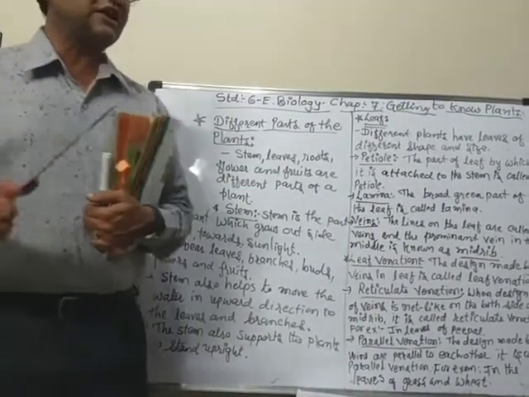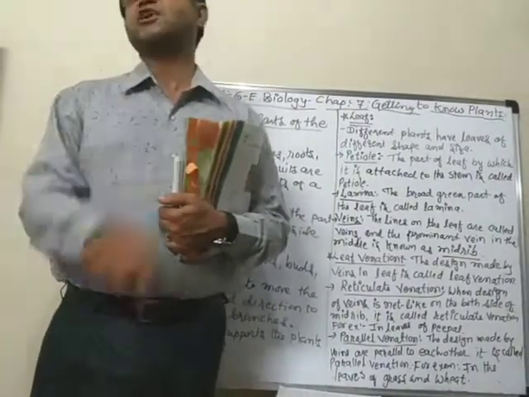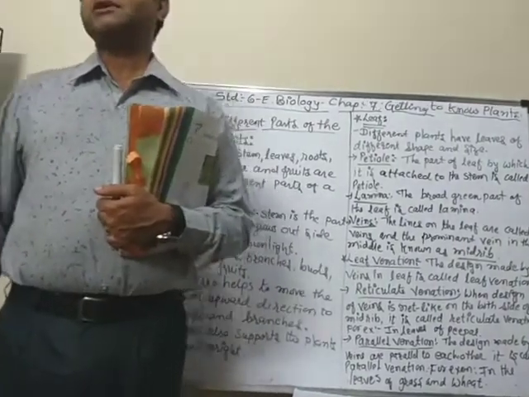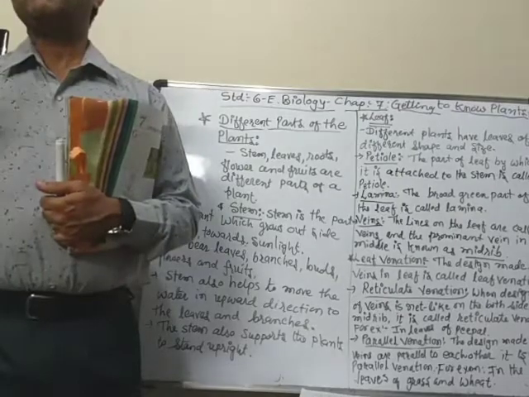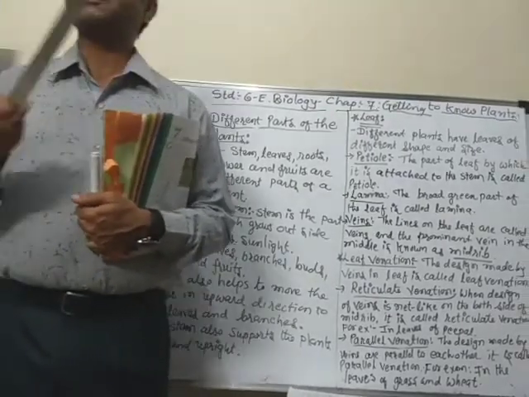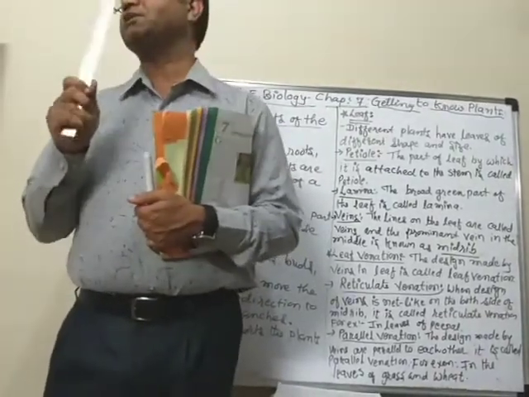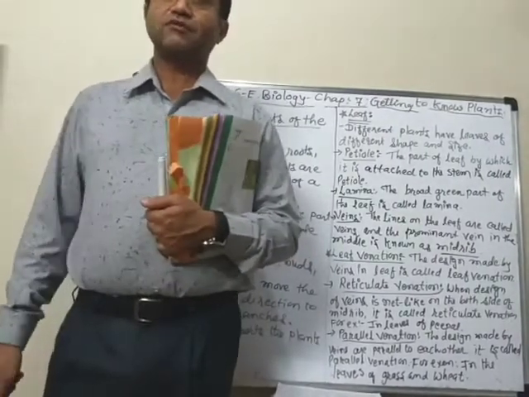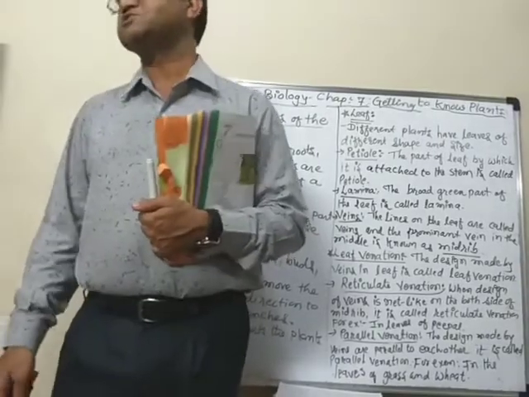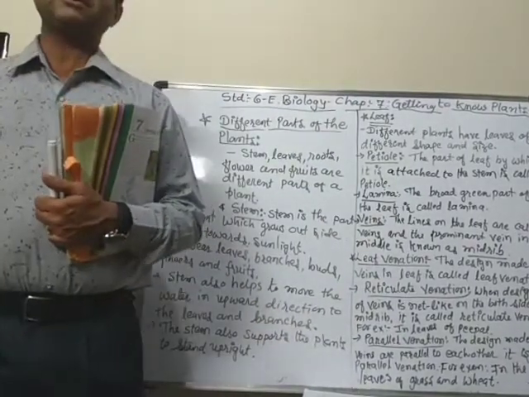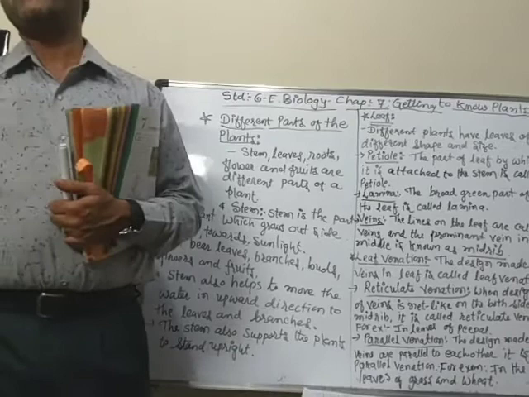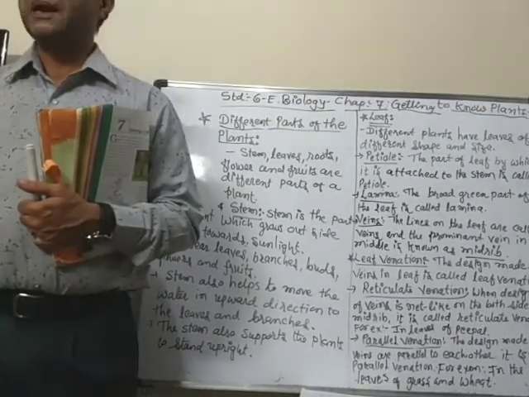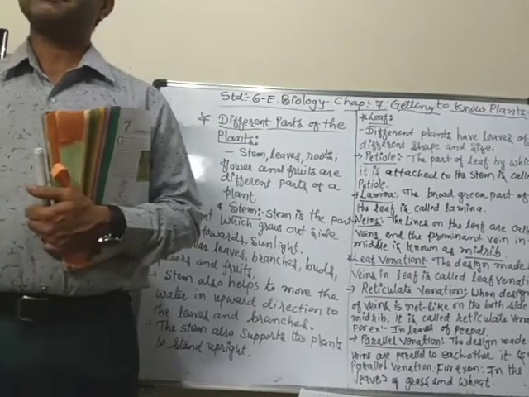Now, there is another function of the stem also, and that is, the leaves of the plants are performing the process of photosynthesis. We already learned about the photosynthesis process. What do they need to make the food by the photosynthesis process? Carbon dioxide gas and water.